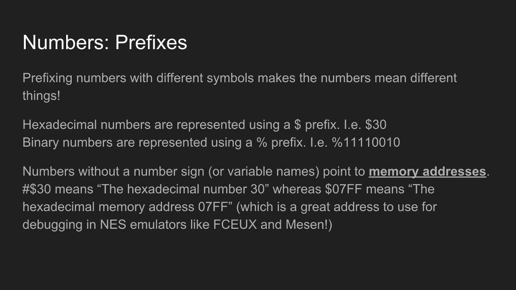Numbers without a number sign, pound sign, hash symbol, whatever you want to call it, or a variable name point to a memory address. Pound hex 30 means the hexadecimal number 30, whereas hex 07FF means the hexadecimal memory address 07FF, which, by the way, is a great address to use for debugging in NES emulators.